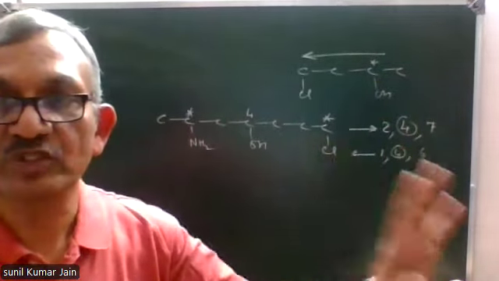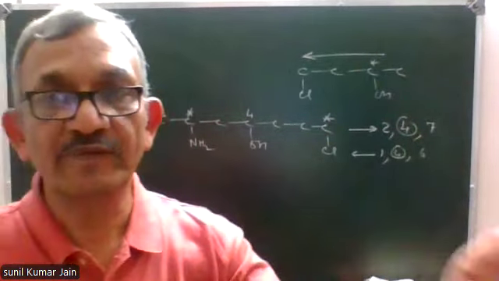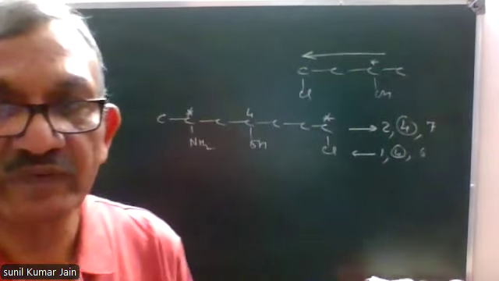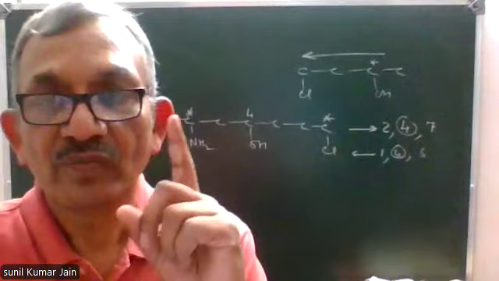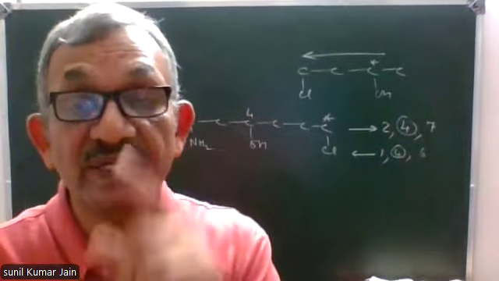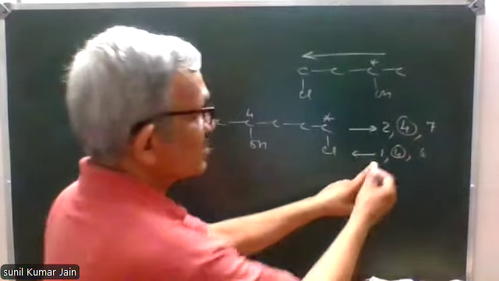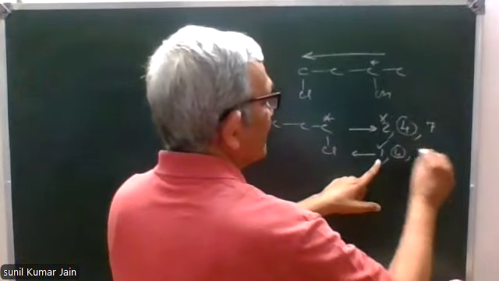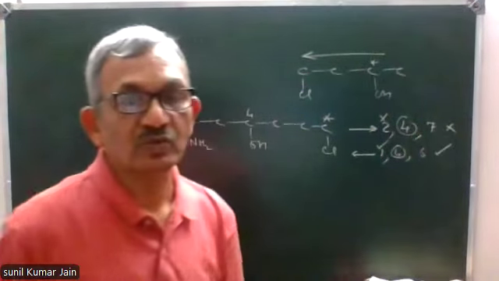In the circle is the position of the functional group of maximum preference that remains the same. Now we have to see in which case the first locant is the lower number. This is the lower number, this is the higher number, so this will not be taken. This is the right choice to count.